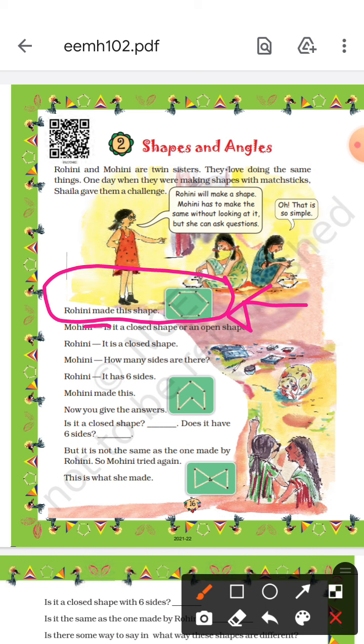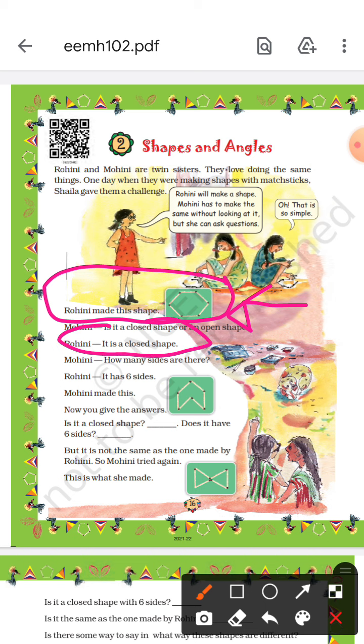Rohini replied that it is a closed shape, as you can see there is no open portion. Then again Mohini asked, how many sides are there? As Rohini used 6 matchsticks, she replied that it has 6 sides.